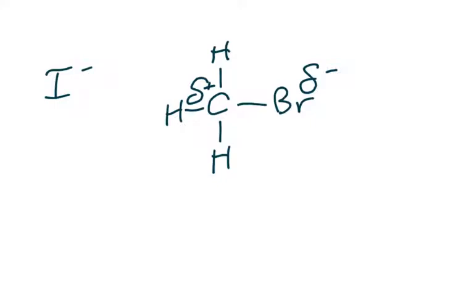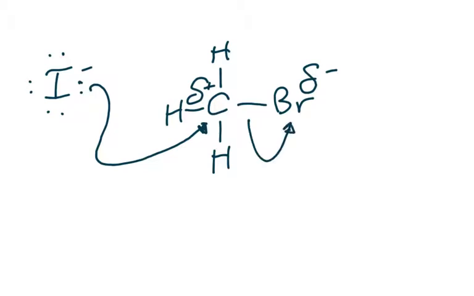So iodine is going to take one of its electron pairs, it's got 8 in its negative ion form, and it's going to take that and attack this partial positive carbon, right? Electrons attacking partial positive. But wait, carbon can only have 4 bonds, so what is going to happen now? Well, we're going to get rid of this bromine. So this line that's bonding carbon and bromine, that's actually a pair of electrons, right? That's how we make bonds, as we share electron pairs.